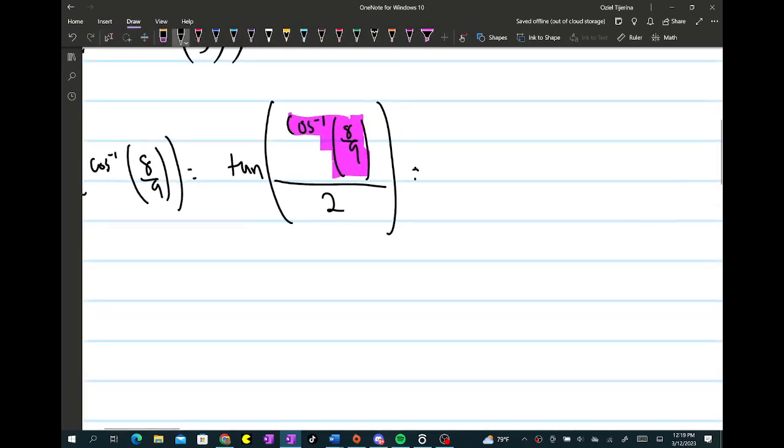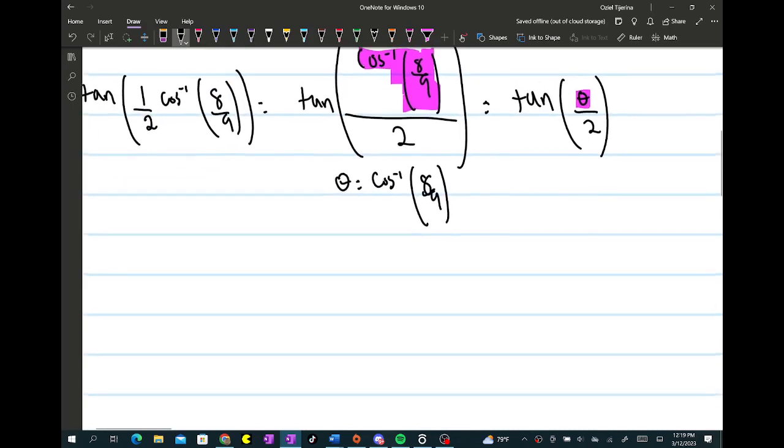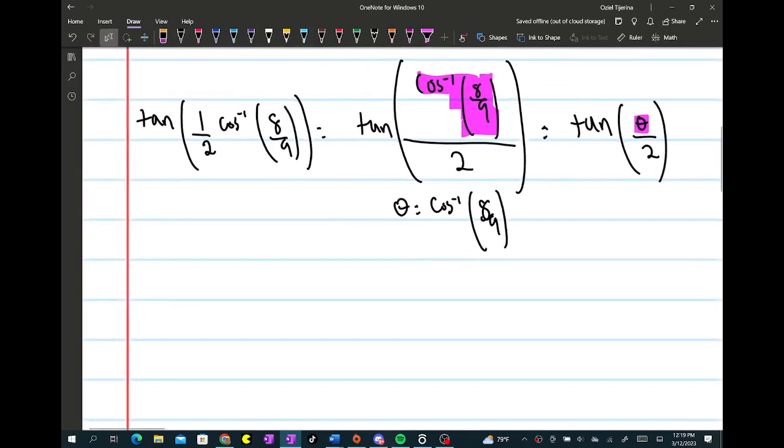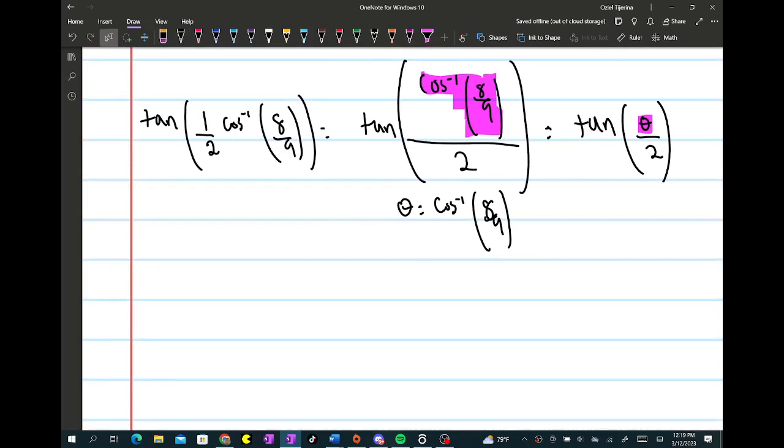So it looks like tan of theta over 2, where theta is basically cosine inverse of 8 over 9. That's what I did not notice until I saw a video where they were doing a similar example, a different kind of problem, but in a similar way.